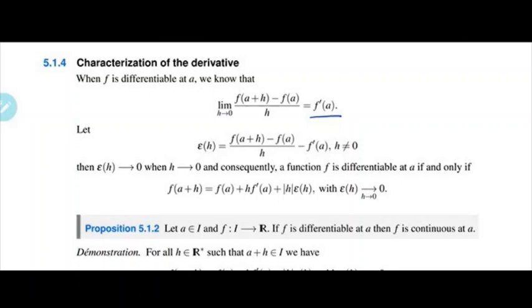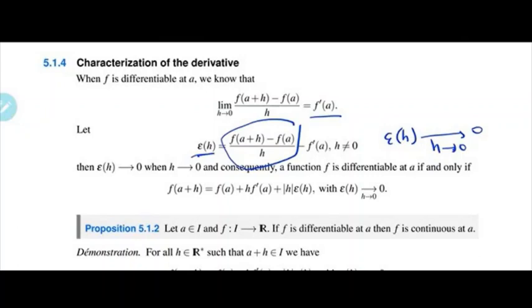That's why we call epsilon of h this difference. So epsilon h is (f(a+h) - f(a))/h minus f prime of a. And this difference, of course, will be a function that tends to 0 when h tends to 0, because when h tends to 0, this ratio will become very close to f prime of a, and the difference will become very close to 0.